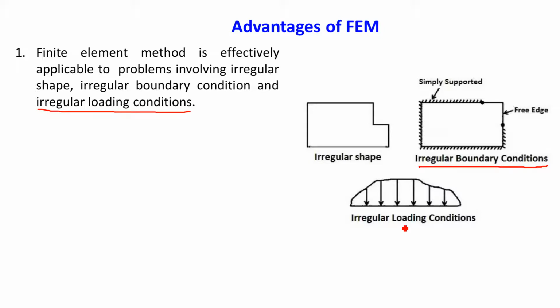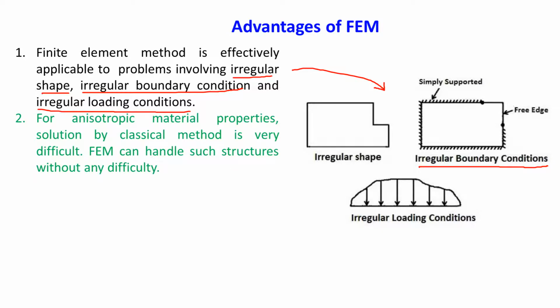And such problems are very simple to handle when you solve the problem by using the finite element method. So this is one of the important advantages where 3 points are covered: the finite element method is effectively applicable to problems involving irregular shape, irregular boundary condition and irregular loading condition. You can give an example like this to support your answer.